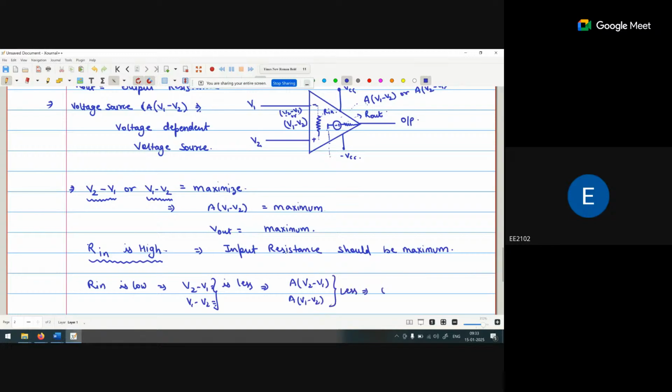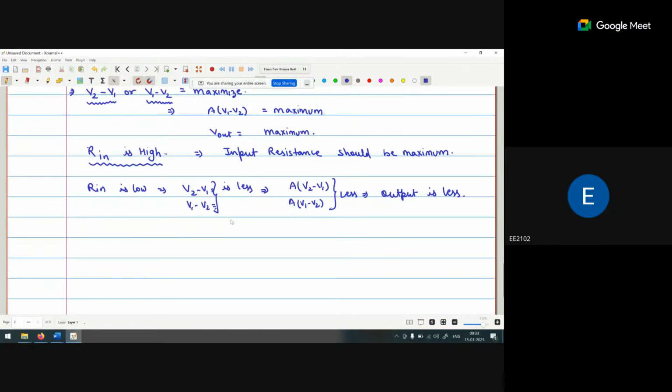So our output is less. Okay, so that's why the input resistance should be maximum.